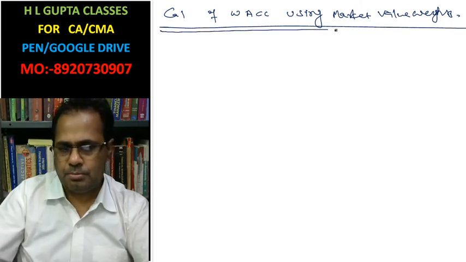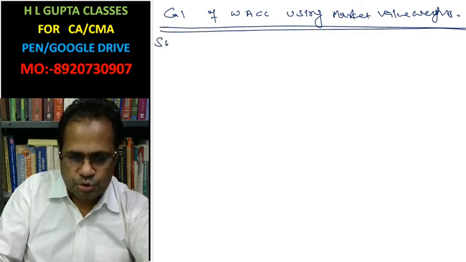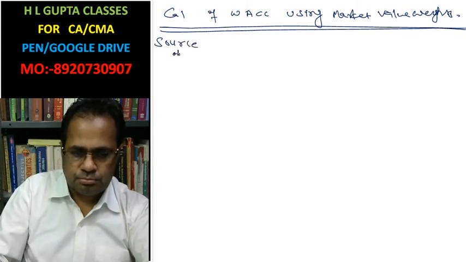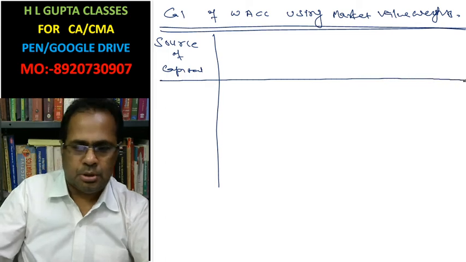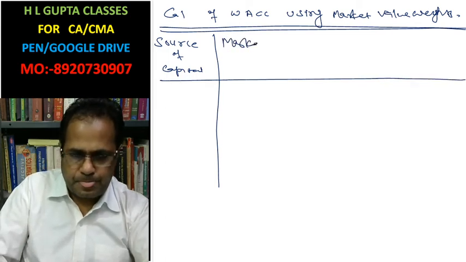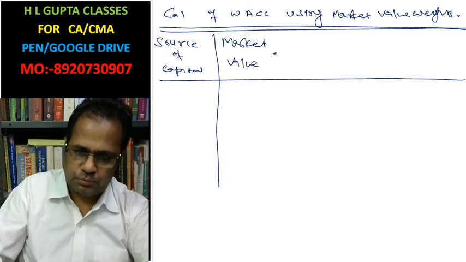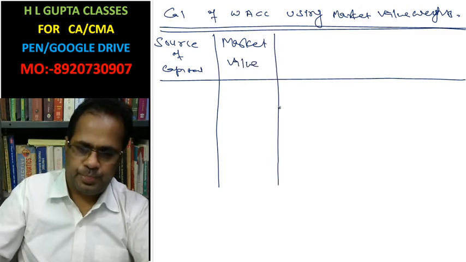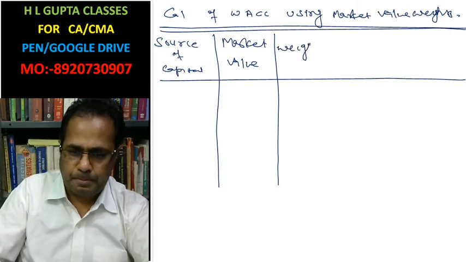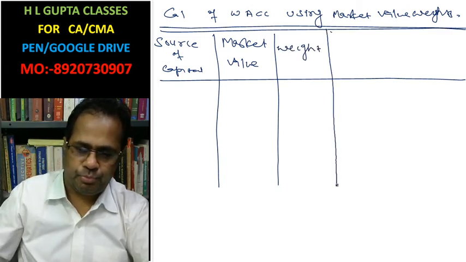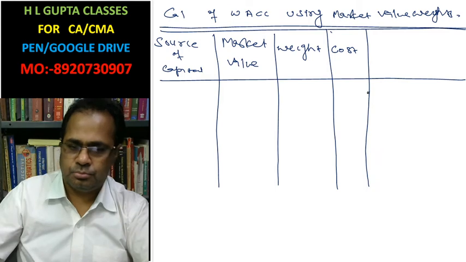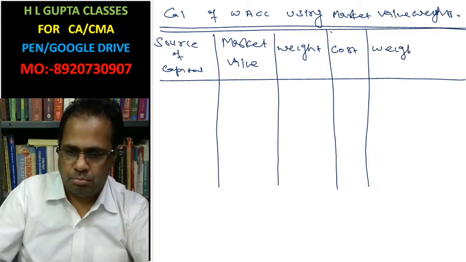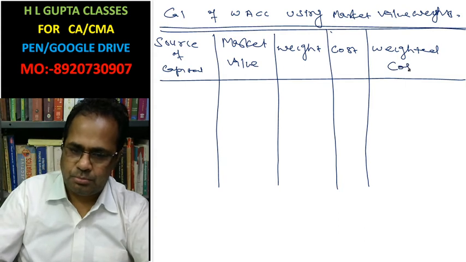You write source of capital, market value, weight, cost, and weighted cost.